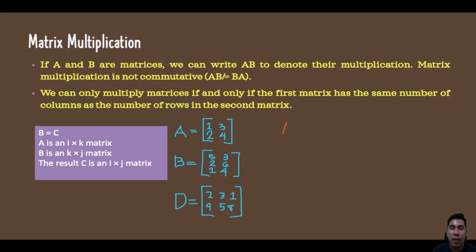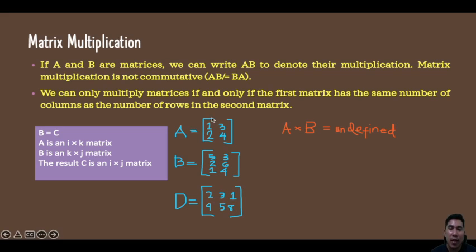So if we are going to multiply A times B, it is undefined. Why? Because as you can see, A and B don't have the same number of columns in the first matrix as the number of rows in the second matrix.